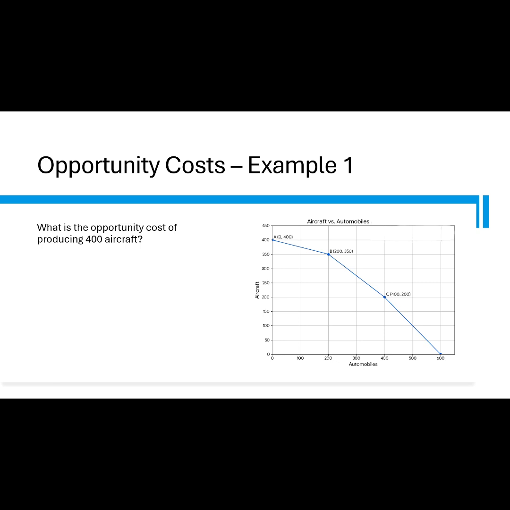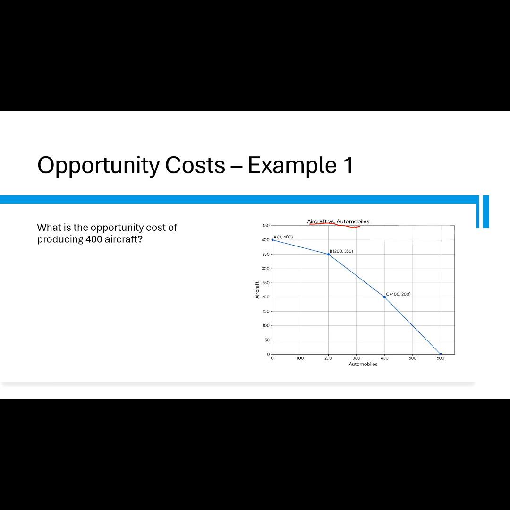Example one. So here we have a graph, and it's aircraft versus automobiles. In this example, we have aircraft on the y-axis, automobiles on the x-axis, and point A, point B, and point C are different quantities that we could manufacture these items.